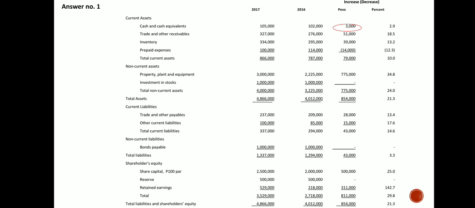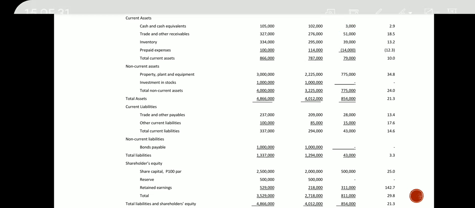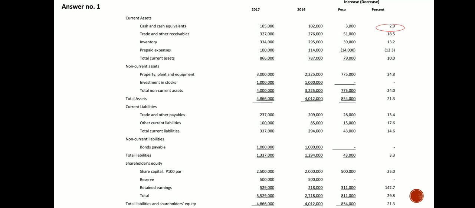Okay, next. Trade and other receivables. The trade and other receivables increased by 51,000 from 276,000 in 2016 to 327,000 in 2017. So 327,000 less 276,000 is 51,000.